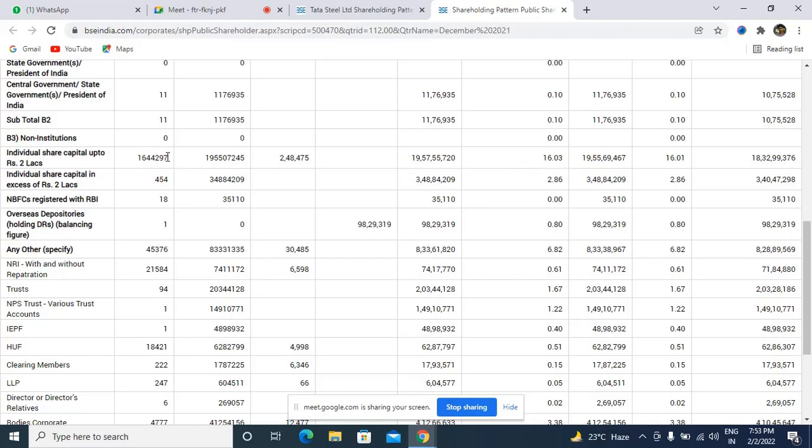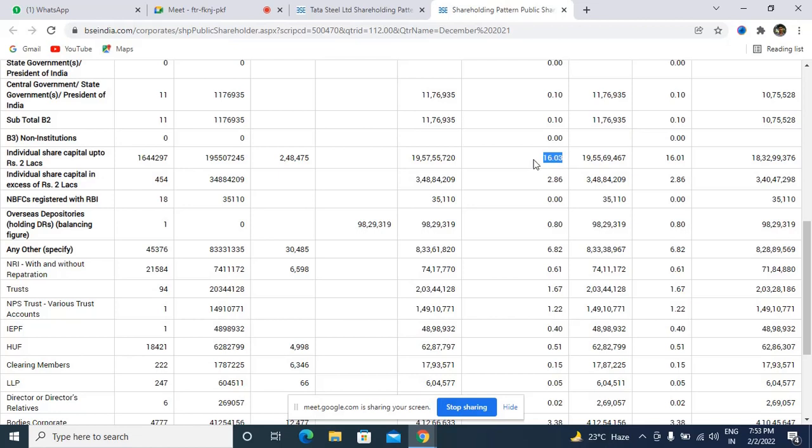But yes, why is this retail participation so important? Can you see it? Retail people like you and me hold 16.03% of this entire company. So why are retail investors so important? And during days of volatility, why does a share go up and down in such an illogical manner?